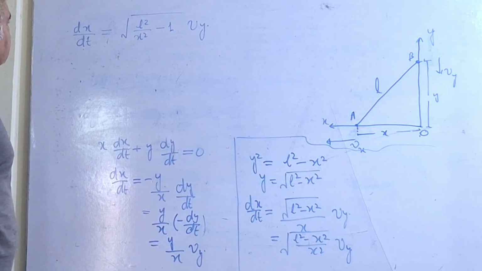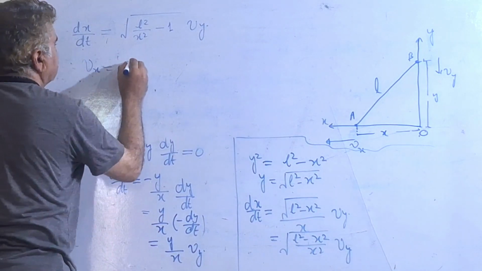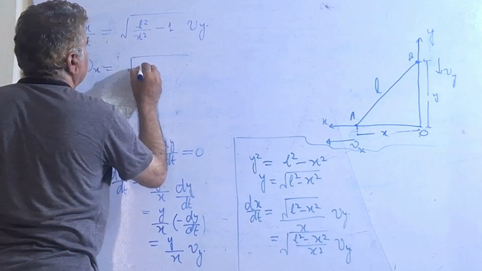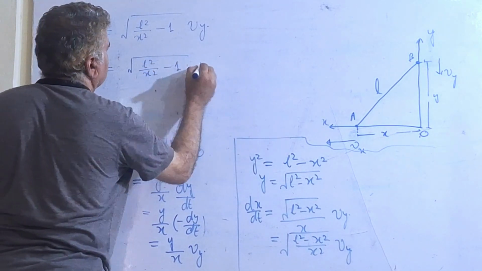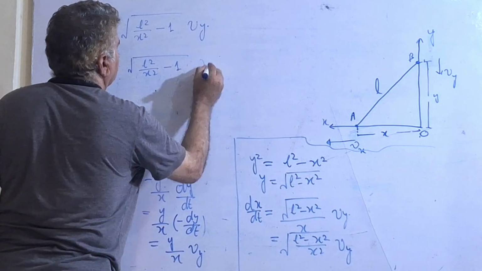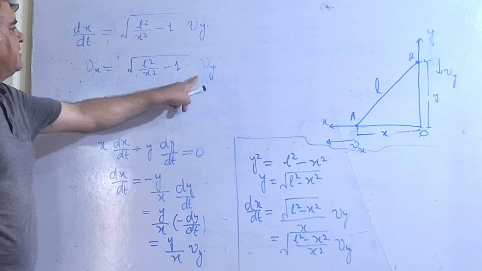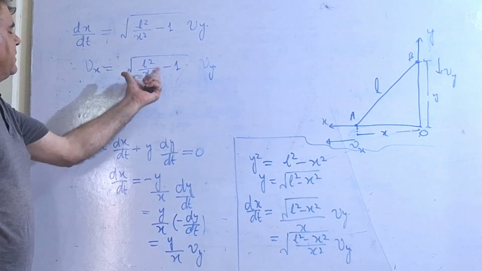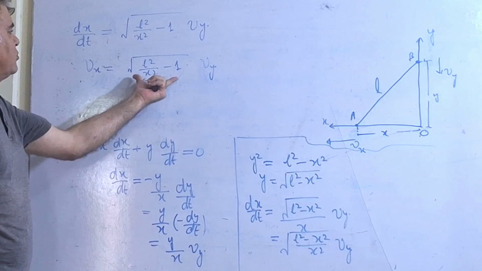So we see that our vx equals square root of L squared over x squared minus 1 into vy. So we see that the two velocities are not equal. Rather, the ratio of the velocities is equal to this thing.